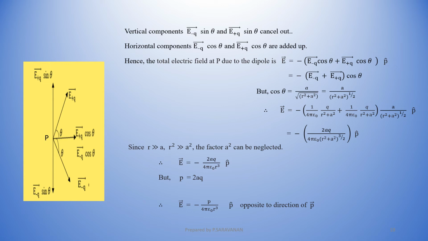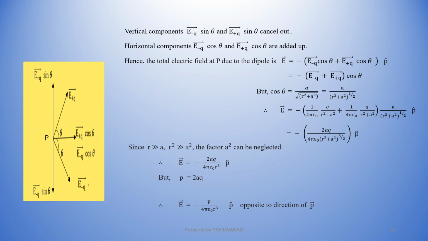That is equal to minus of (E_-q vector plus E_+q vector) into cos theta. Again, I want to remind you, my dear students, what is the need of the negative sign here? It is because the components E_-q cos theta and E_+q cos theta both are acting towards the right hand side, that is opposite to the direction of the dipole moment. That is why there is a negative sign.